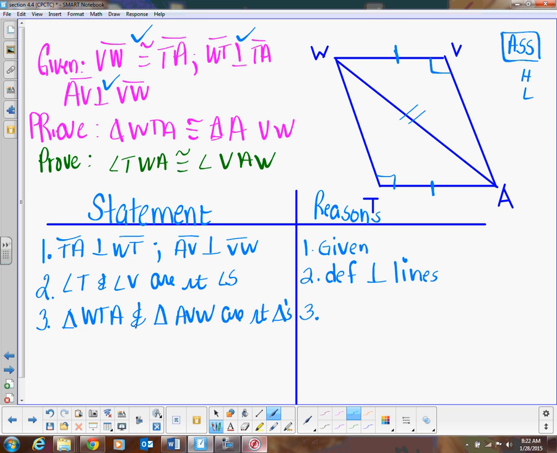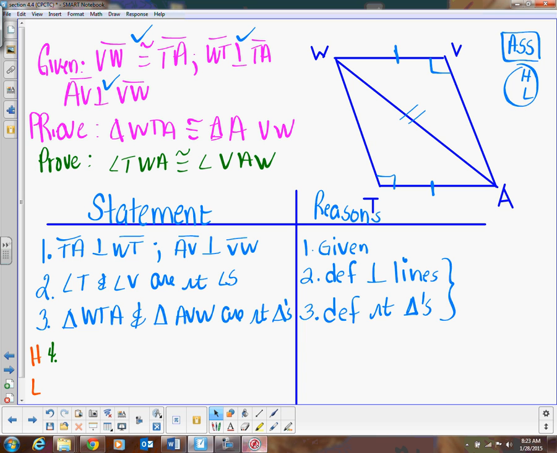These is an and. How do we know these are right triangles? Definition of what? Right triangles. So this should have been the beginning of your notes yesterday: if we're going to use HL, this must be established. Now, I'm going to put my little H here and my little L here. Now we're going to get these pieces justified.